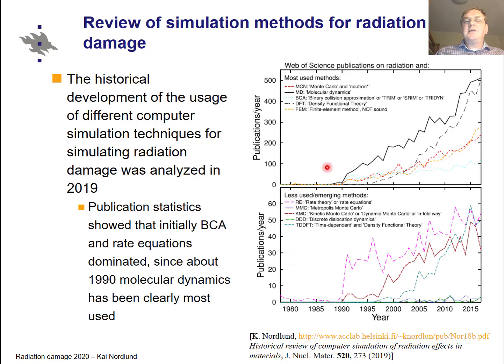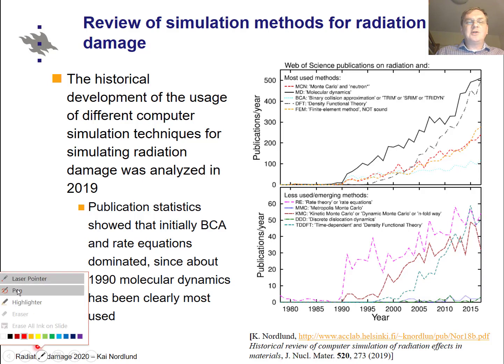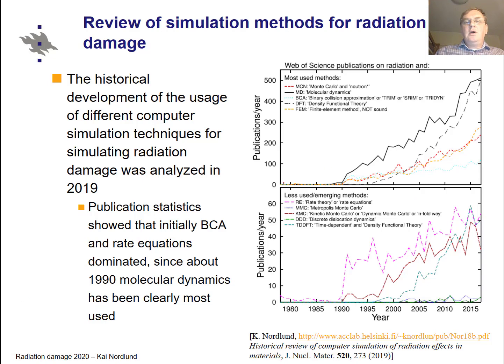Since then, different simulation methods have of course been used widely to simulate radiation effects. But to get an idea of the historic development, I did a literature analysis about this in 2019. I looked at the keyword radiation in Web of Science, and then several different simulation methods.